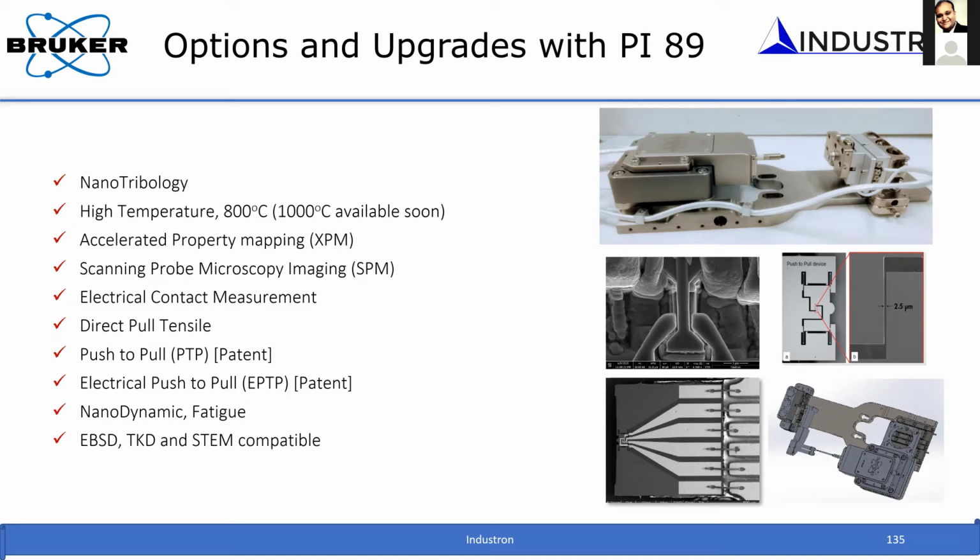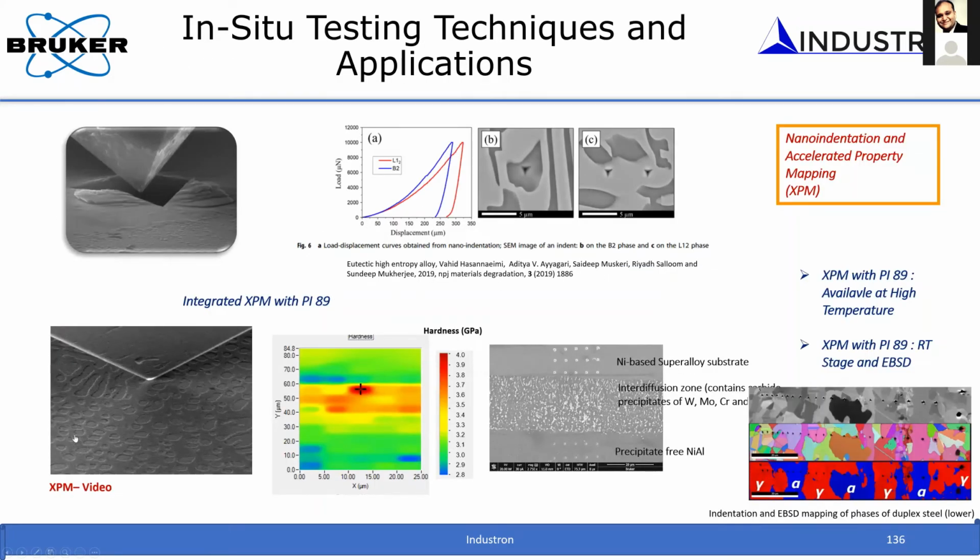I'm not going to go into too much detail on this, but I'd like to show this video where you can see these indents being done very fast on a material. It's a multi-phase material, I think a high entropy alloy. After doing these indents, at each point you can measure the property, so you get a property map, and then you can use an EBSD detector to get the crystallographic orientation.